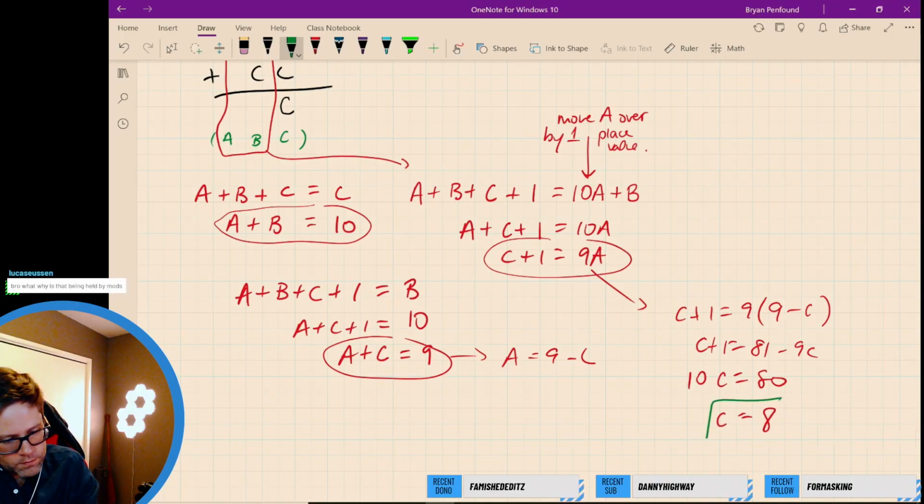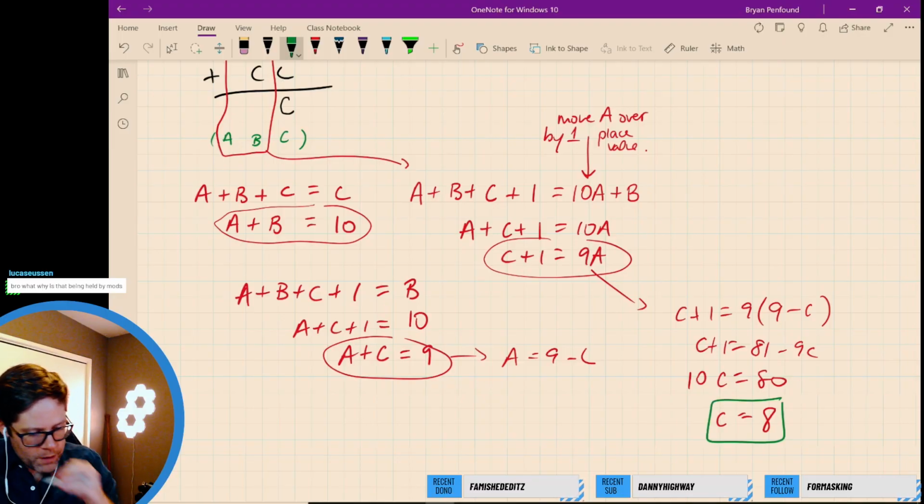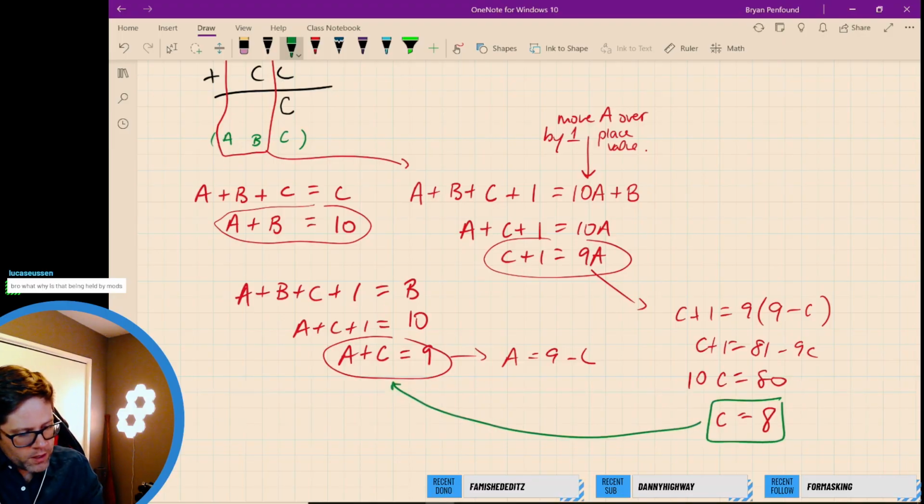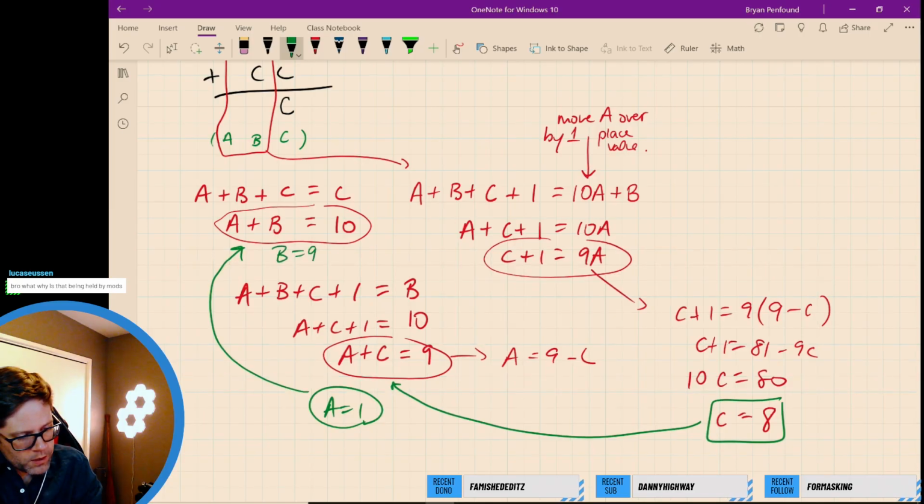Potentially. I'm just going through some of the algebra now. So if C is equal to 8 and A plus C is equal to 9, then A is equal to 1. And if A is equal to 1 and we know that A and B sum to 10, then B must be equal to 9, sorry.